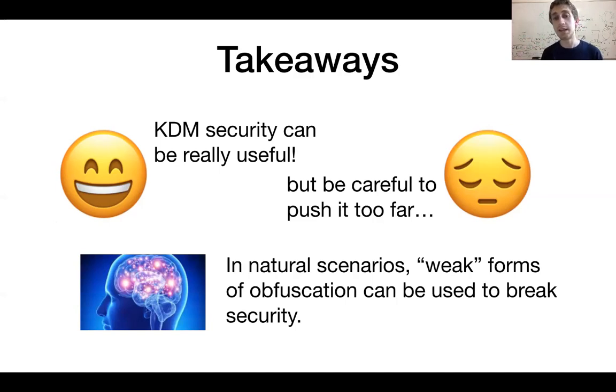So I think this is a good example: given this simple compute-and-compare functionality, we can obfuscate it and hide what's going on inside the code. And this weaker form of obfuscation can be used to break security for a natural definition. So yeah, thank you for your time.